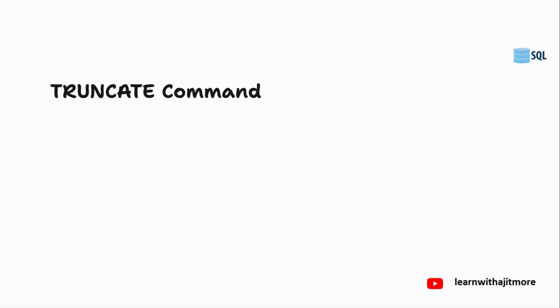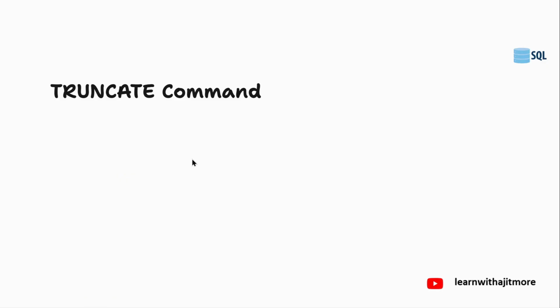Because if you use a where clause, it has to do the conditional checking and then only delete. And normally when you do delete, it will make changes in the index also. You don't know the concept of indexes yet. So it has to make changes in the index as well, which truncate doesn't do. Correct? So basic differences you should remember.